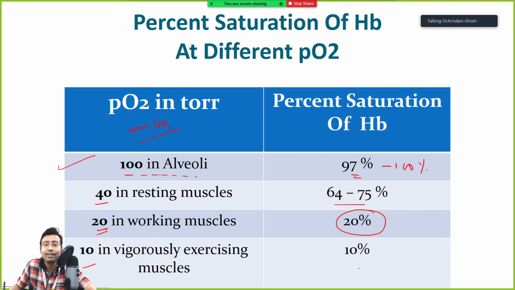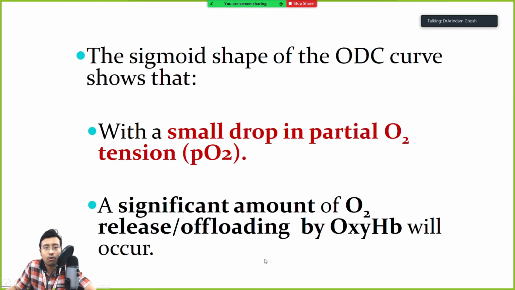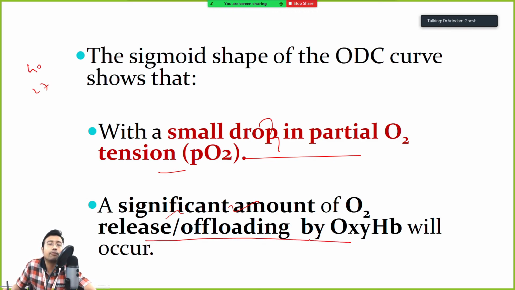So this is the actual relation of fractional saturation of hemoglobin with the partial pressure of oxygen, right? So what is it actually showing? It is showing that with a small drop of oxygen tension, even from 40 to 27, a significant amount of offloading of oxyhemoglobin will happen.